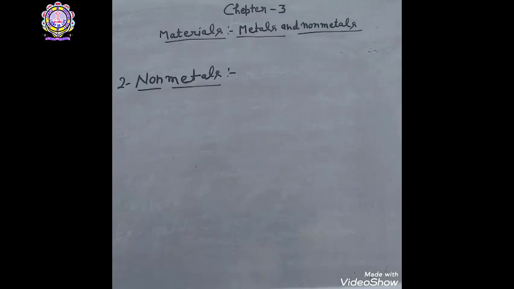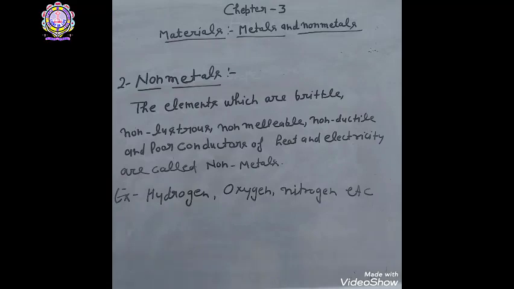The next topic is non-metals. The elements which are brittle, non-lustrous, non-malleable, non-ductile and poor conductors of heat and electricity are called non-metals.